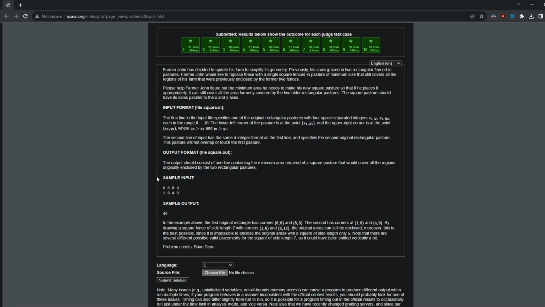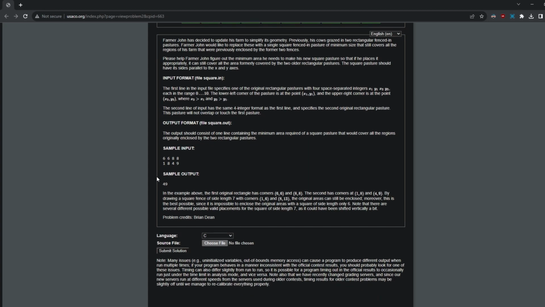The input format that we're given is that the first line specifies one of the original rectangular pastures with four space separated integers x1, y1, x2, and y2. The lower left corner of the pasture is x1, y1, and the upper right corner of the pasture is x2, y2. The second line does the same thing, but for the second pasture.